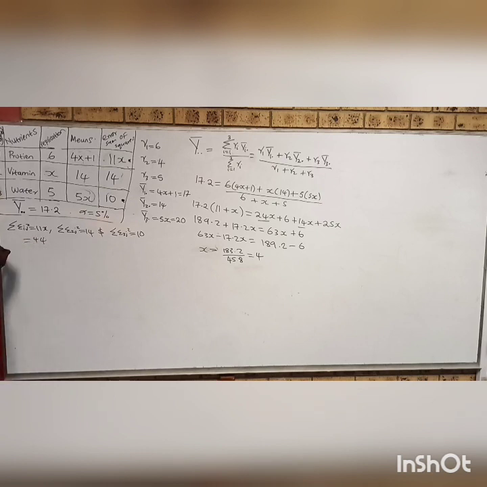So our SSE is given by the summation from i equals 1 to 3 and the summation from j equals 1 to Ri of eij all squared.